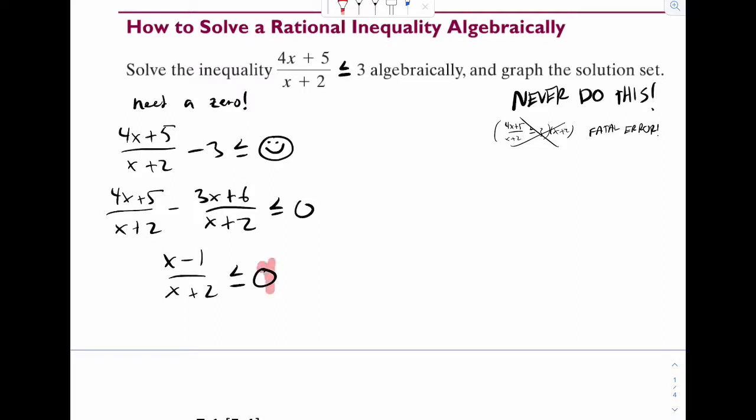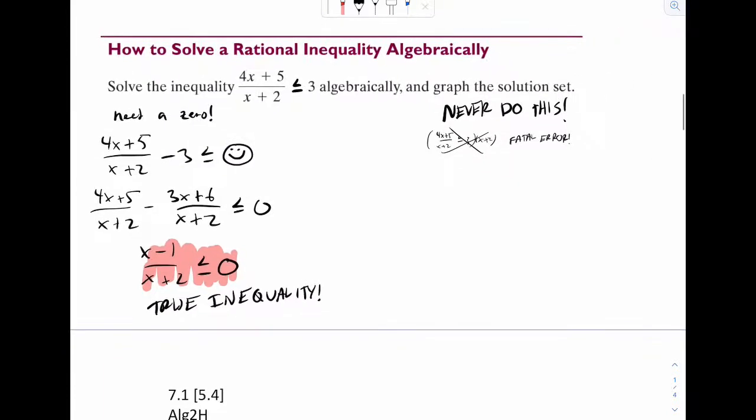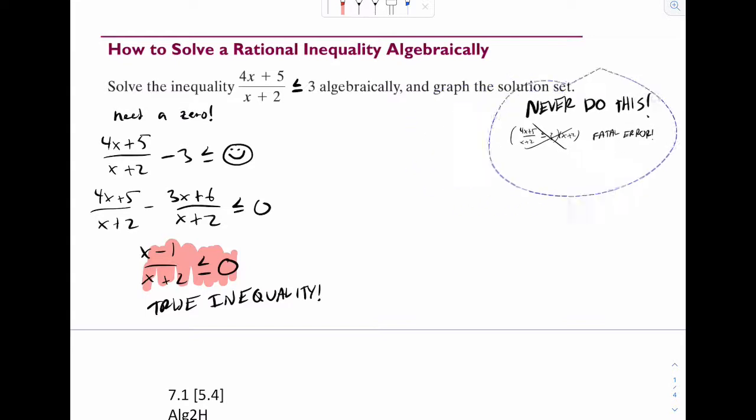So right here, this is the equation you actually want. This is like the true inequality you're working with. Now do the exact same thing we just did. Let's move this over here.